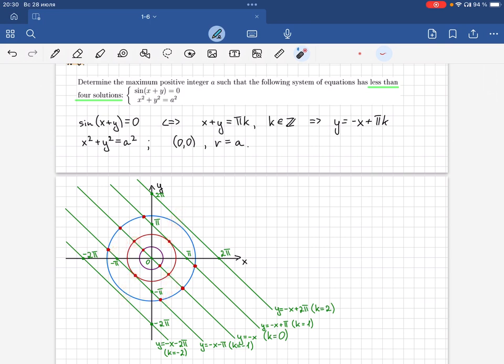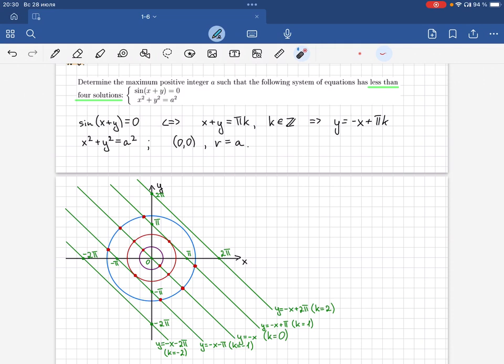We have four solutions. If we increase a, then we'll have more than four solutions. For example, if you focus on the blue circle, then you may see that we have 1, 2, 3, 4, 5, 6 solutions here. We can increase a and get even more solutions.